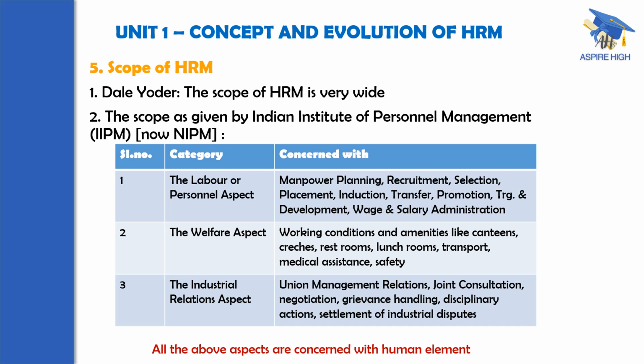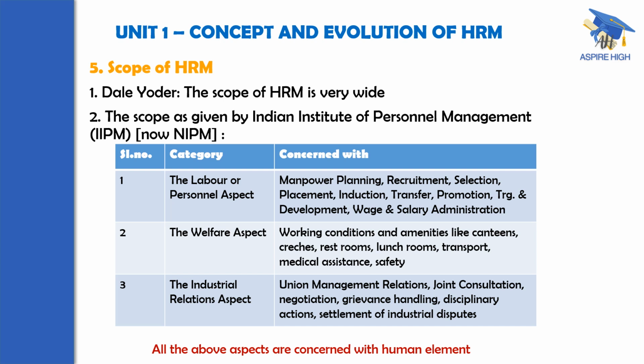That is, to avoid future disputes, we will have a joint consultation between the employer and employee, that is, management versus union, at regular intervals in an orderly, organized way. It is called a structured way. It also covers negotiations, grievance handling, disciplinary action and settlement of industrial disputes if at all they arise.